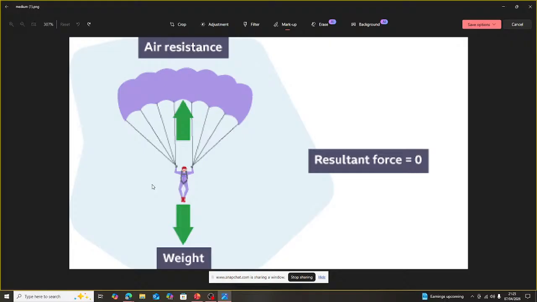That means the air resistance decreases. So it's probably only like that big, and this means it's also the same as weight. So weight was originally 30, so this goes back down to 30. The forces are balanced. It's 0 newtons again.